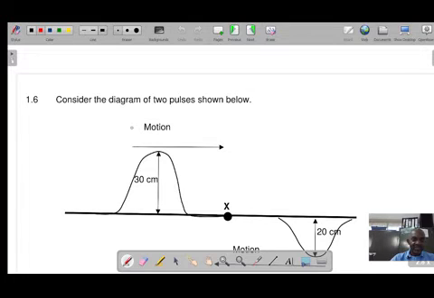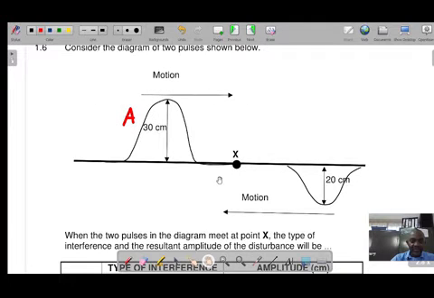1.6. Consider the diagram of two pulses shown below. Let me take this pulse A. Now this pulse A is going to the right. What about pulse B? Pulse B, this one here, is going to the left.